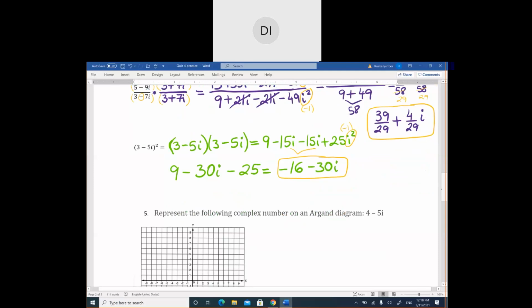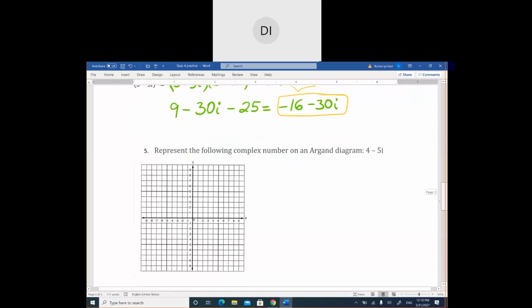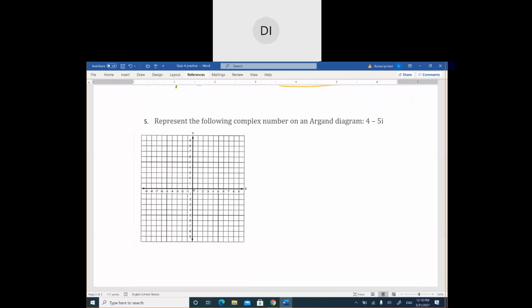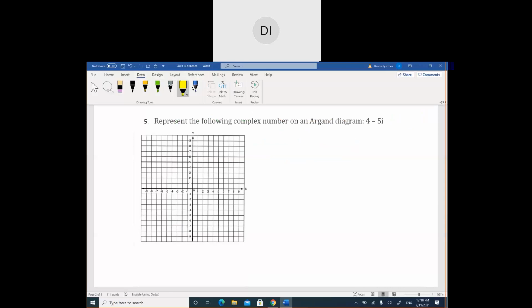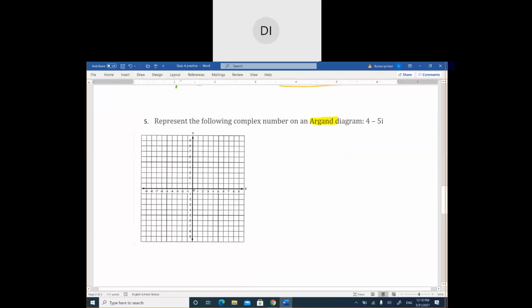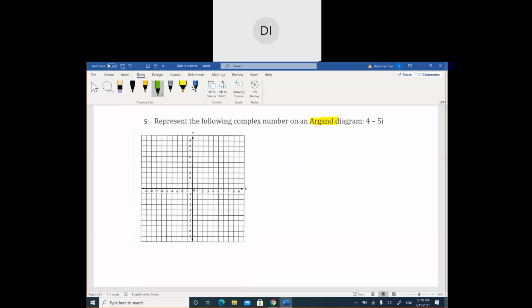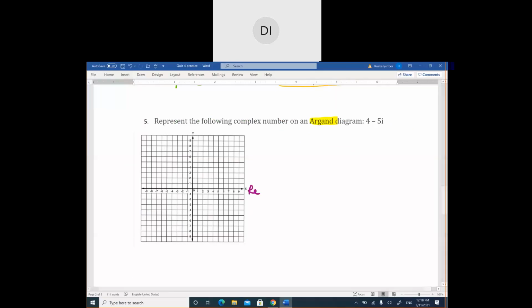Okay, then you're going to do the Argand diagram. The Argand diagram is the graphical representation of a complex number, right? So how do you do that? You're just going to go to the real component. This is your real component axis, and this is the imaginary component axis. You're going to see the real is 4, the imaginary is negative 5.